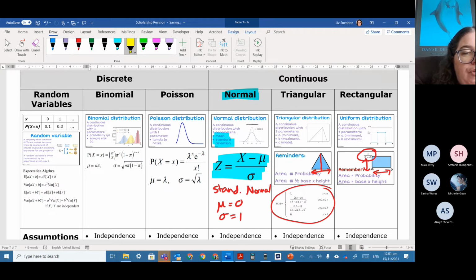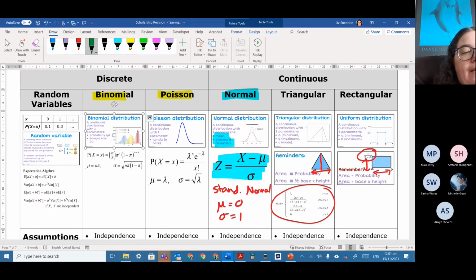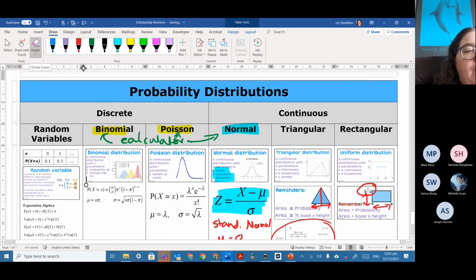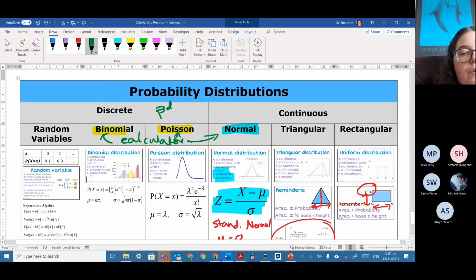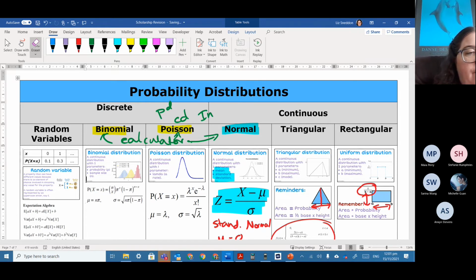Then our other distributions are our binomial and our Poisson. The normal, the binomial and Poisson are all on our calculators. That's when we're going to use our PD mode or our CD mode or our inverse normal mode, INV.